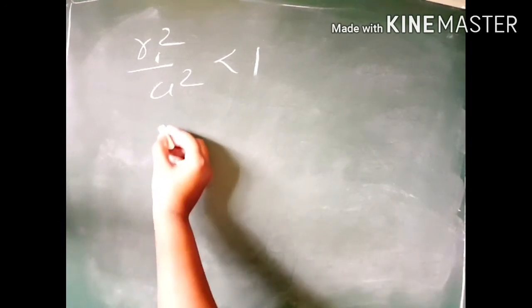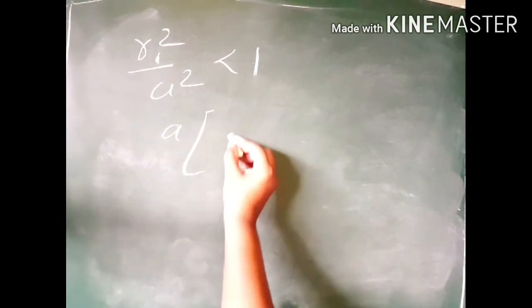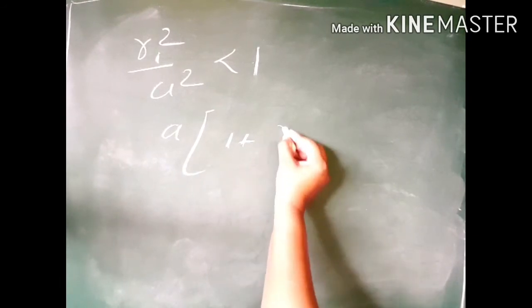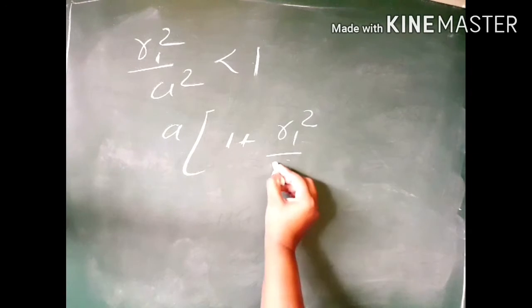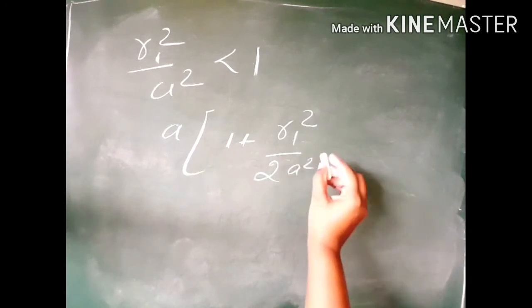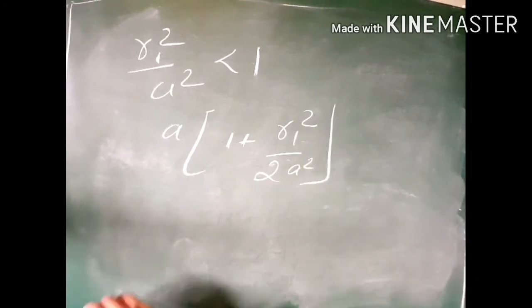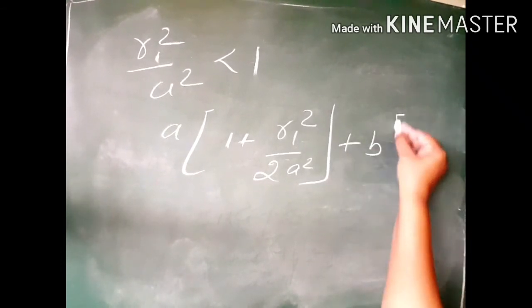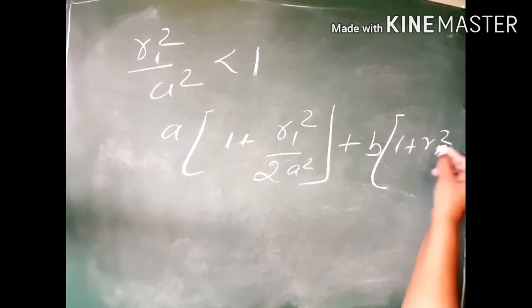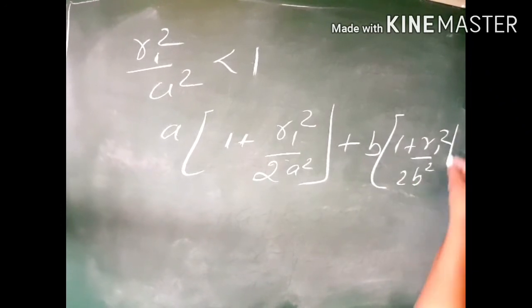Then we have a into (1 plus R1 square by 2a square). This is the first term; higher orders can be neglected. And from here, b into (1 plus R1 square by 2b square).